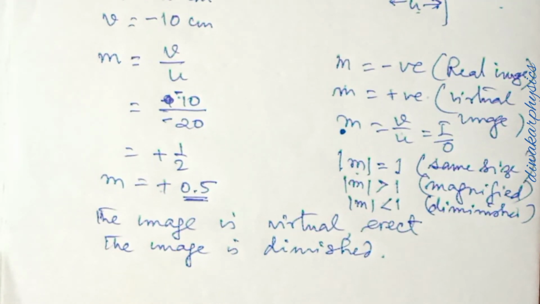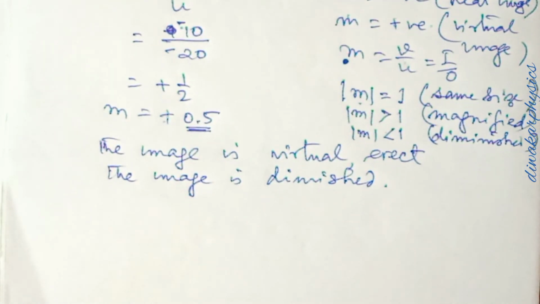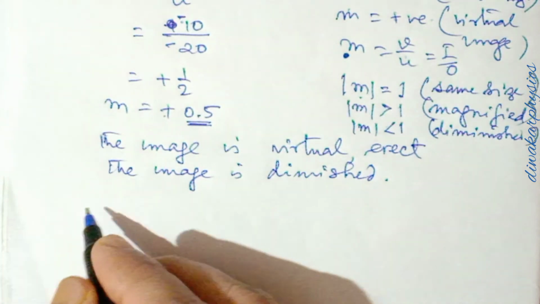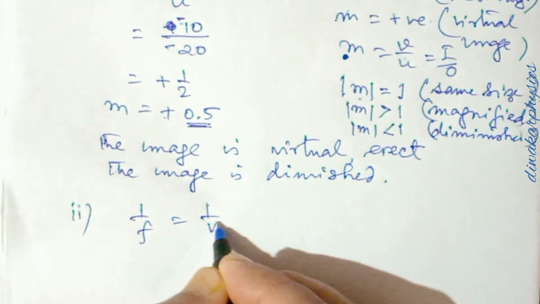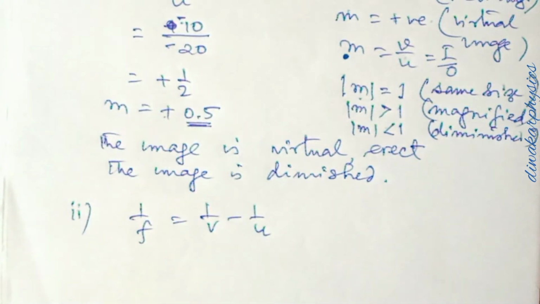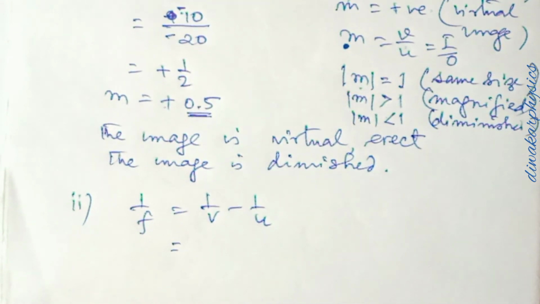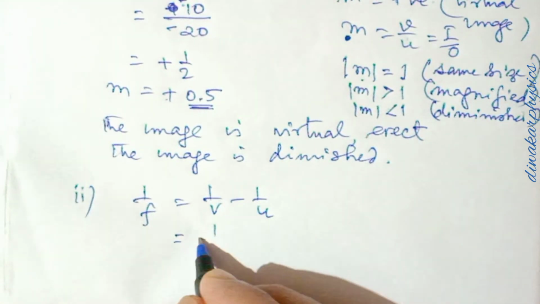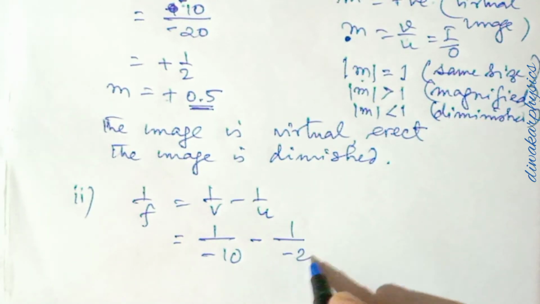Next portion of the question is to find the focal length. Then we have u and v, so we have a ready-made formula: 1 by f is equal to 1 by v minus 1 by u. Use this formula to find the focal length. So 1 by v is minus 10, u is minus 20.